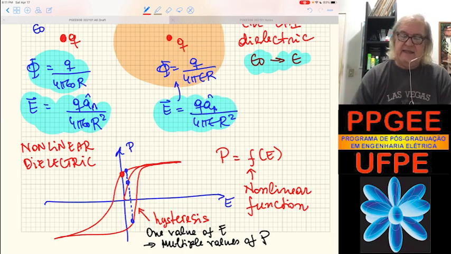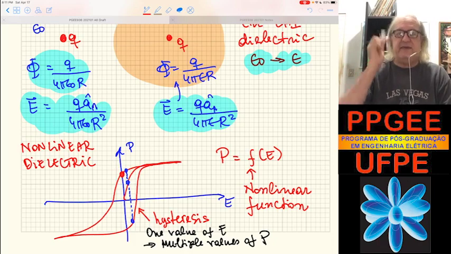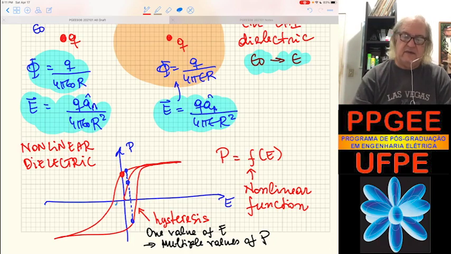So at zero field, you have a non-zero polarization right there, right? To totally remove the polarization, we have to revert the field to this point here. So I have to apply a negative field to make a zero polarization. And you enter into this cycle, a hysteresis cycle, you know. You keep entering this cycle here.